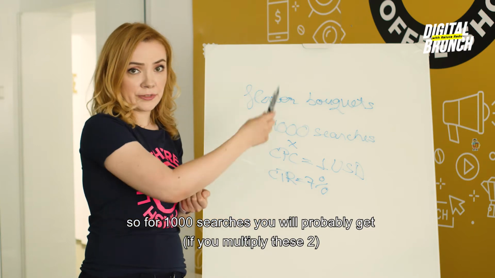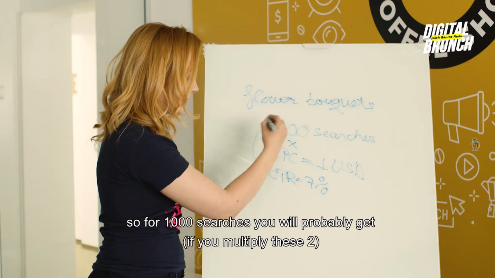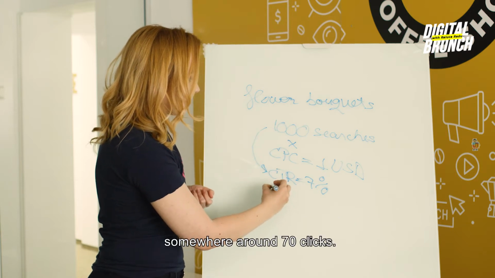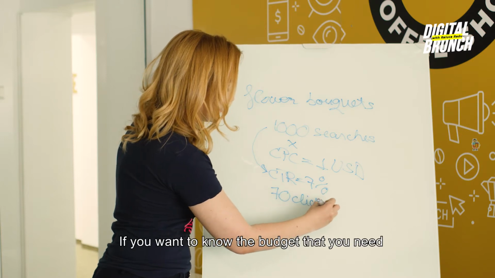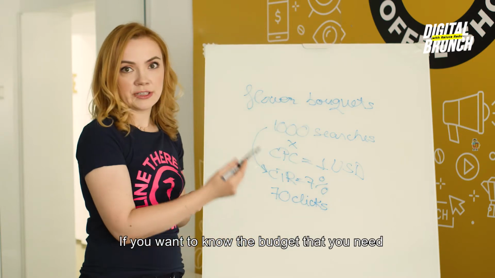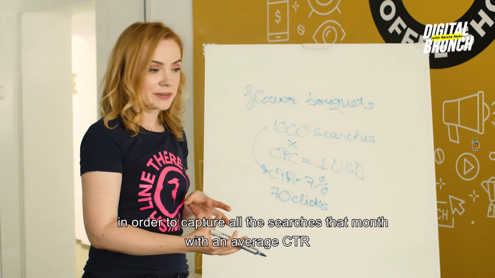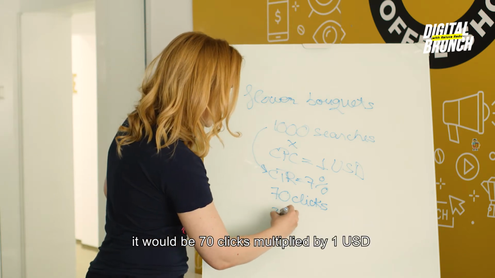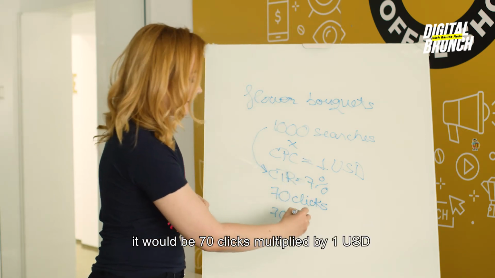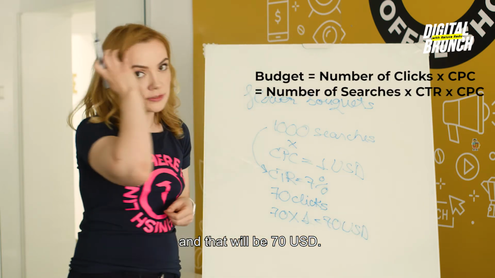So from 1,000 searches, if you multiply these two, you will probably get somewhere around 70 clicks. The budget that you need in order to capture all the searches that month with an average CTR would be 70 clicks multiplied by $1, and that would be $70.